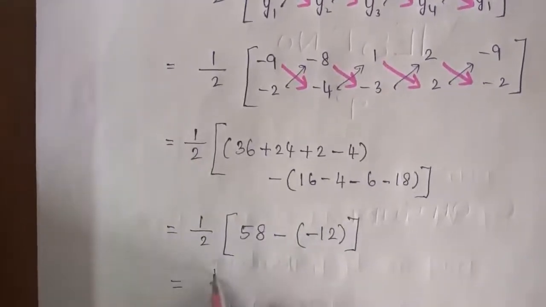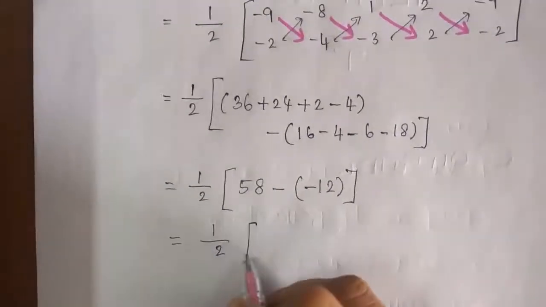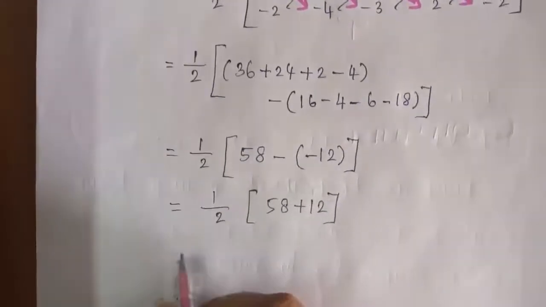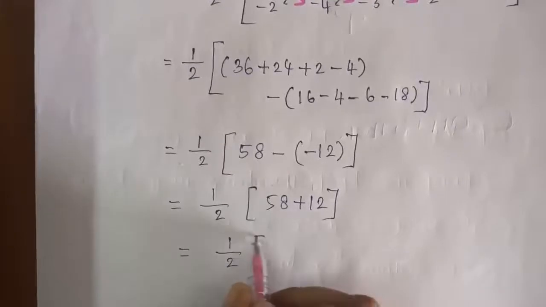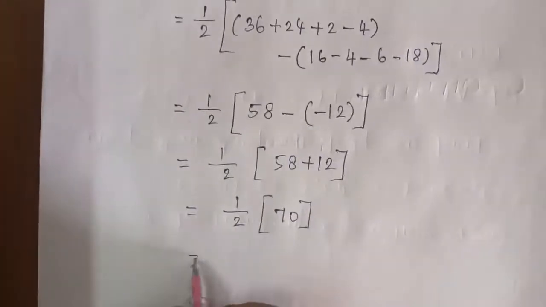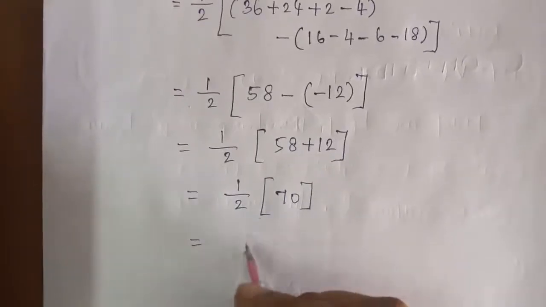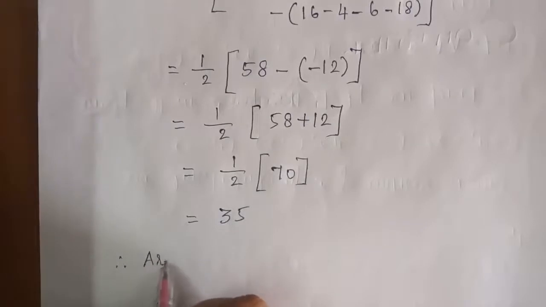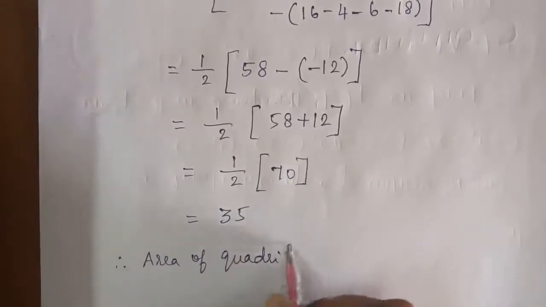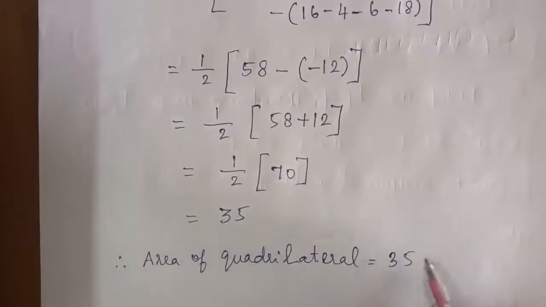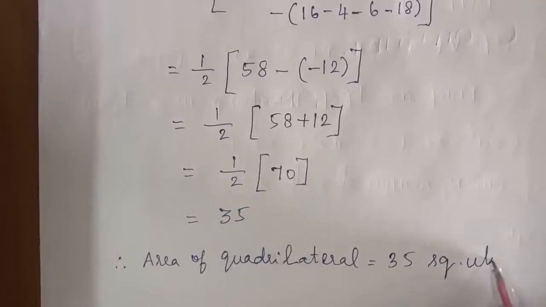That is equal to 1 by 2 into 58 minus into minus, plus 12, which is 1 by 2 into 70, which is 70 divided by 2 is 35. Therefore, area of quadrilateral is equal to 35 square units.